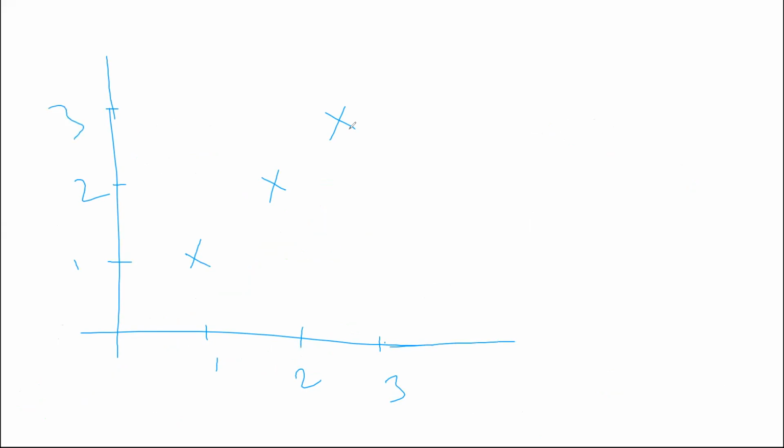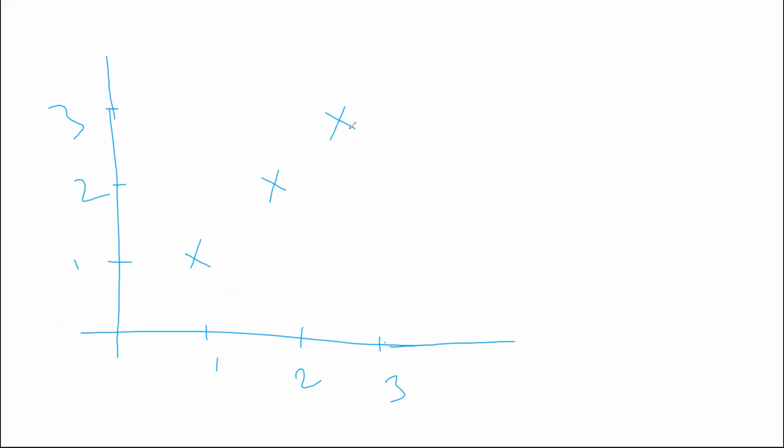Say I have some data like this. In machine learning, in linear regression, I wanted to find a function, that is a hypothesis, which will accurately tell my data points.